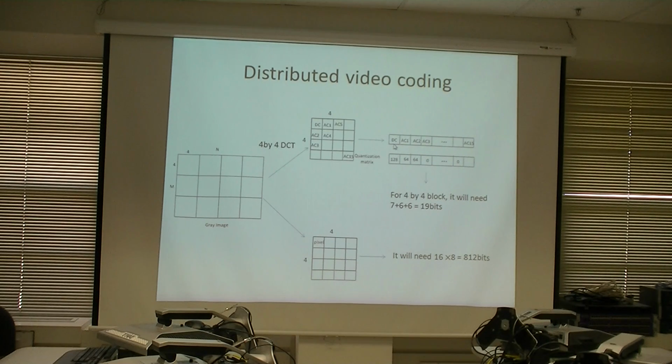It has the most important information of the block, so we assign more bits for this band, and if a band has less important information, we just discard it. For each band we have different quantization levels, and these quantization levels together we call the quantization matrix.